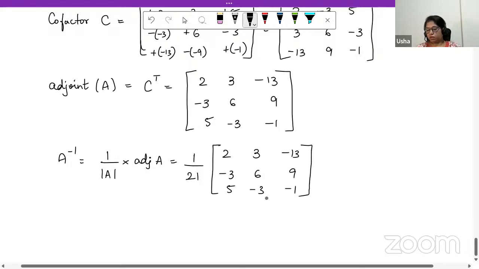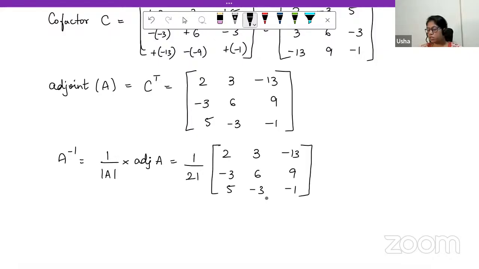Hope this is clear. This is your A inverse. This is your direct procedure, the other one is using Cayley-Hamilton theorem. Clear? Yeah.